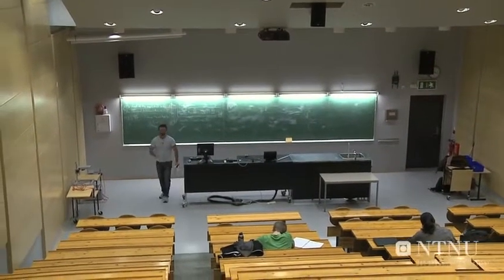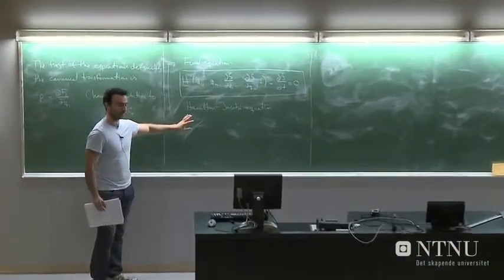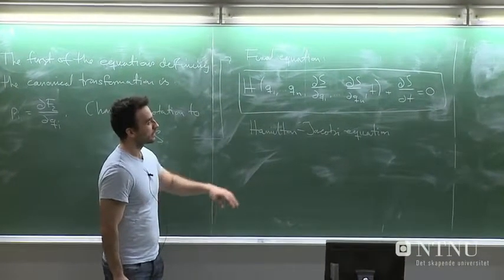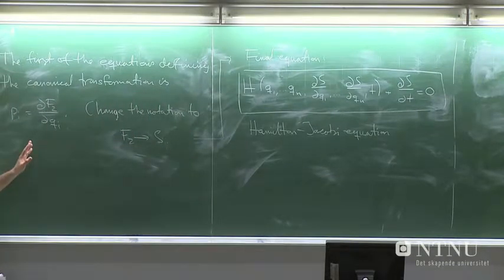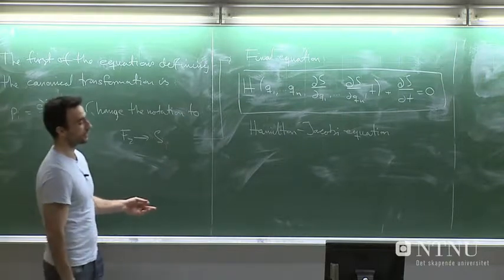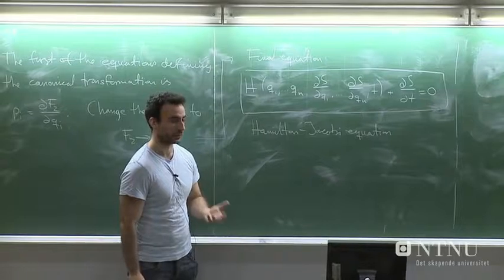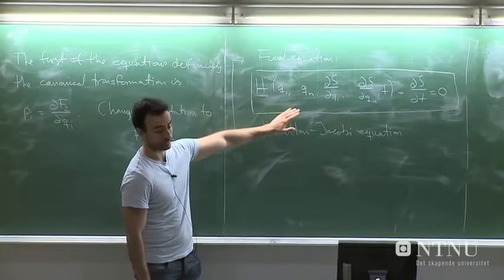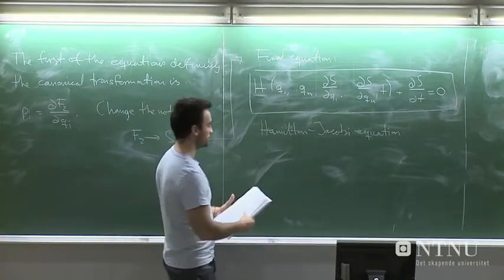Let's get started again. Before the break, we derived the Hamilton-Jacobi equation. And this S, which is now just the second class of generating functions, depends on the old set of coordinates and the new set of canonical momenta, which are constants due to the equations of motion. So basically, this is a first-order partial differential equation in n plus 1 variables.